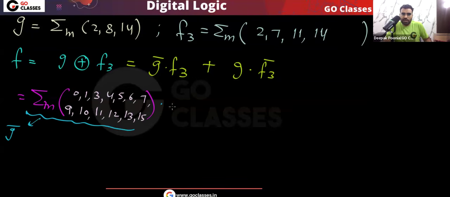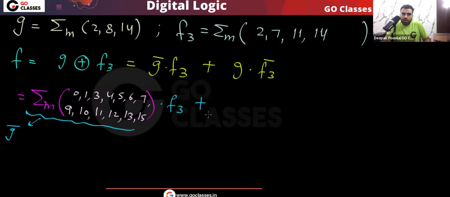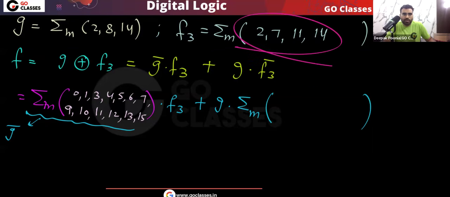And this is F3. G is already present here, and what is F3 bar? Let me write that F3 bar. To find the minterm list of F3 bar, we will take the complement of this minterm list of F3, right?